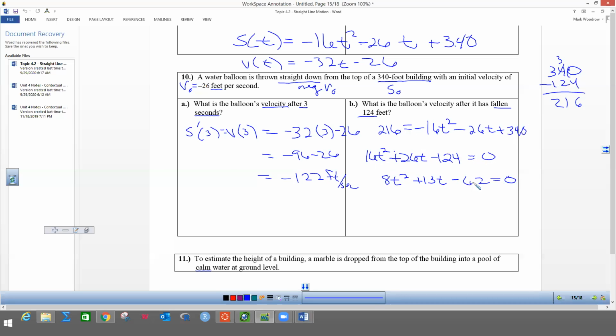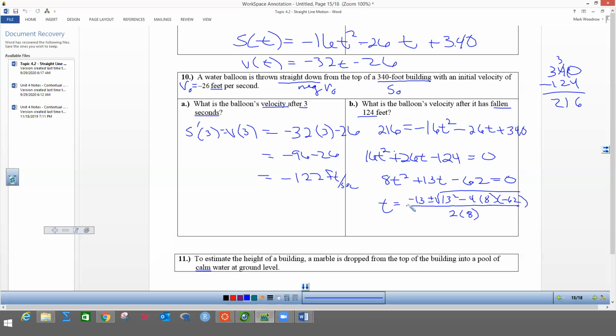I do not know if that's going to factor or not, and I don't want to spend the time trying to factor it. So what I can do is t is going to equal, using the quadratic formula, negative 13 plus or minus the square root of 13 squared minus 4 times a times c, all over 2 times a. And that's going to be your times.